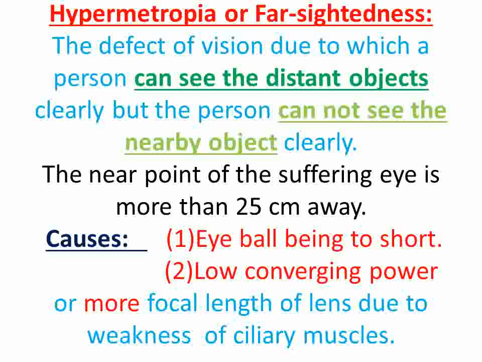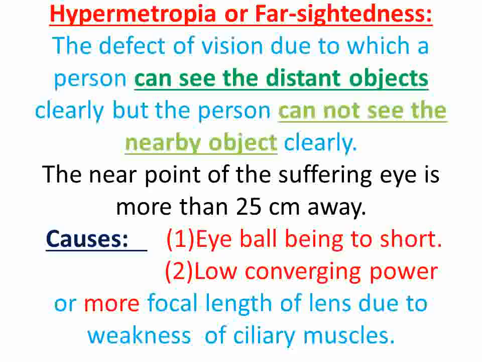Without specs, they are unable to read the newspaper. Therefore, this defect is generally found in old age, after 50 years. The near point of the suffering eye is more than 25 centimeters. That is, in the case of the defective eye, the near point shifts farther away. In place of 25 centimeters, it will be 75 centimeters, 80 centimeters, or more.